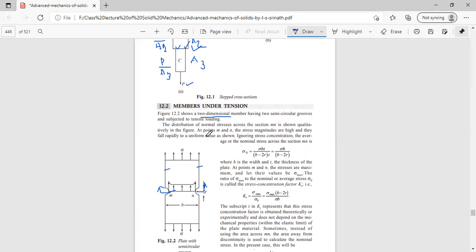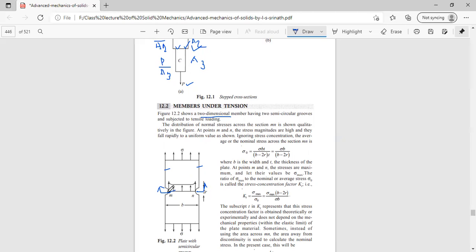Stress magnitudes are very high there and fall rapidly to a uniform value, as shown in the figure. You see, here is the maximum stress, and here is the maximum stress, but here it is not that high. It is more or less equal to the average stress itself.